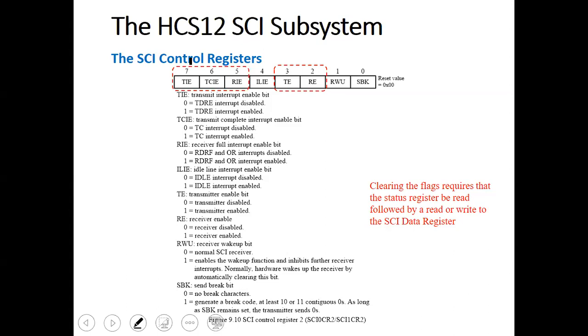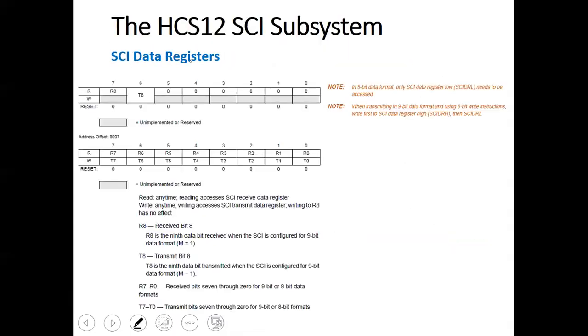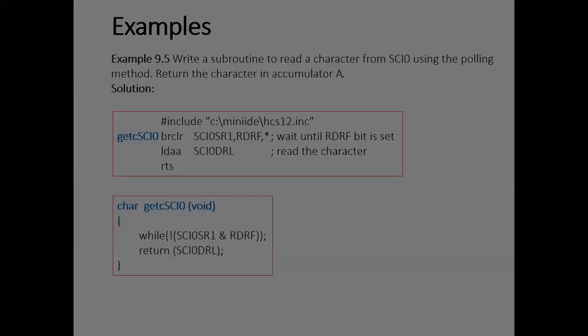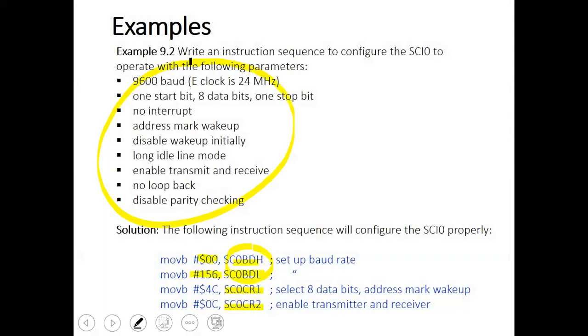The interrupt is disabled. The transmit complete interrupt enable bit is enabled. Why is it enabled? What were the requirements? No interrupts. So this should be 0 because no interrupts are enabled, right? If we go to the example, excuse me, no interrupts.